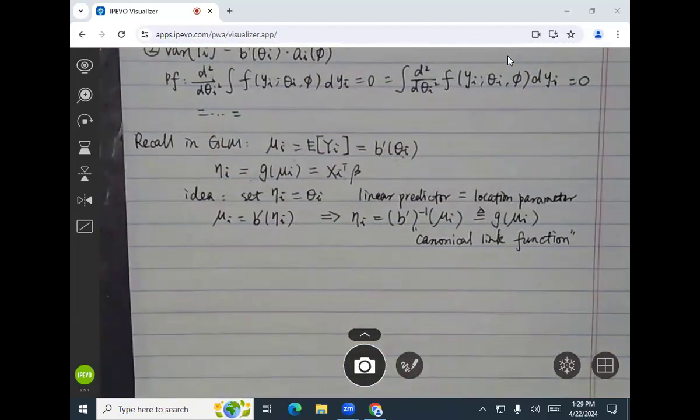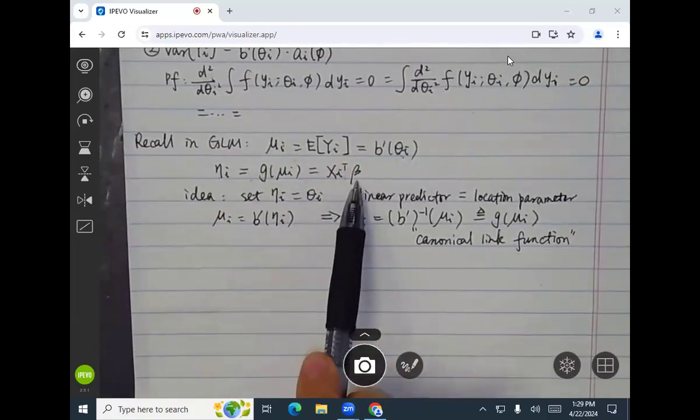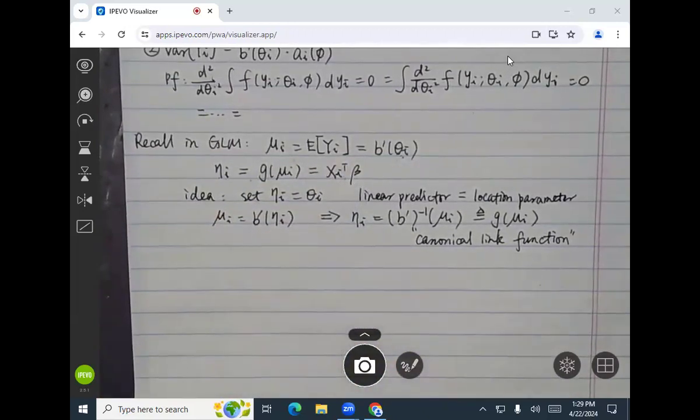For today, we'll stay here, and then we will continue to talk about parameter estimation for beta in this general exponential family form. Actually, I think it's better to give an example right now, so then you will see what we mean.